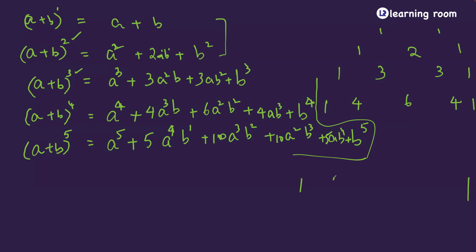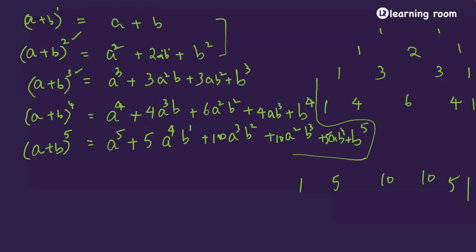What will I get? 5, 10, 10, 5. If you observe, there is something I can do with these numbers instead of breaking my head over this. So what is happening then? If I start with 1 and 1, when you increase the power by 1, the number of terms also increases by 1. So the number of terms is going to be n plus 1.